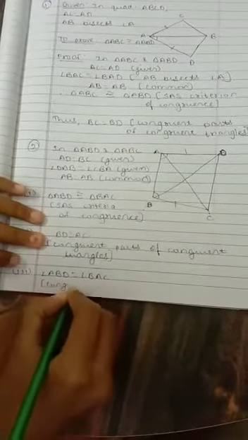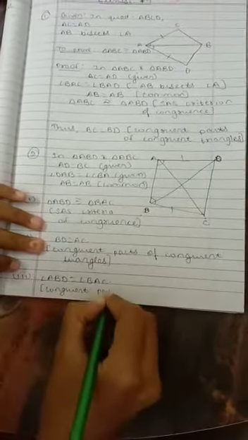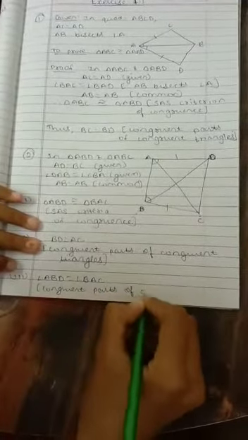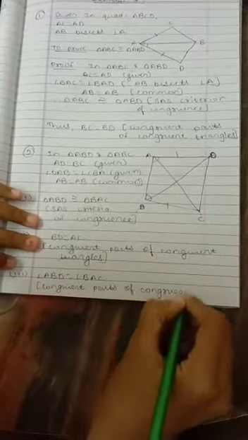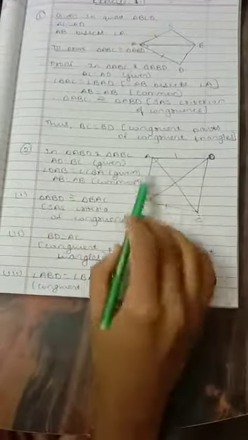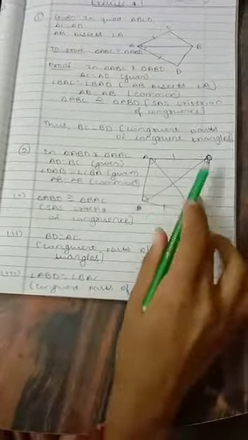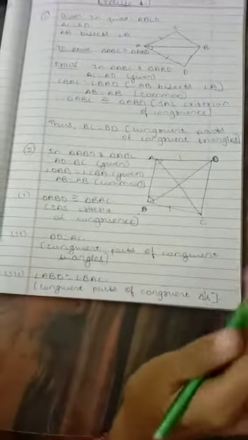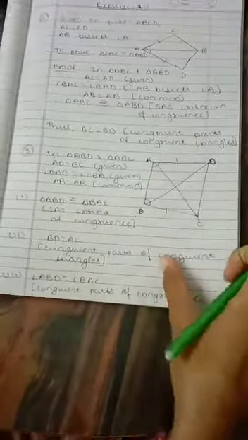That is also congruent parts of congruent triangles, right? ABD is equal to BAC, congruent parts of congruent triangles. So these are our three proofs that we have to prove it.